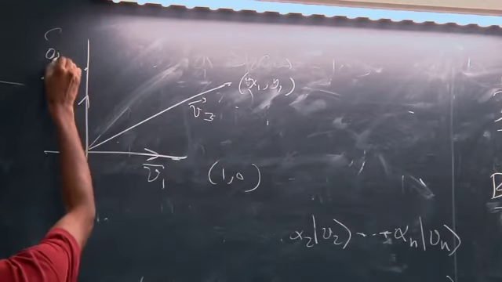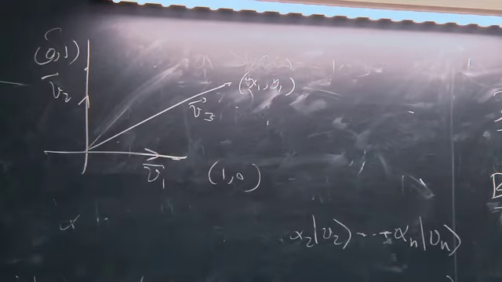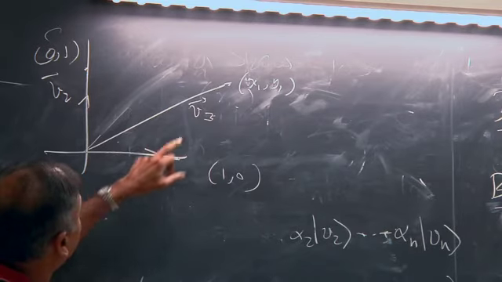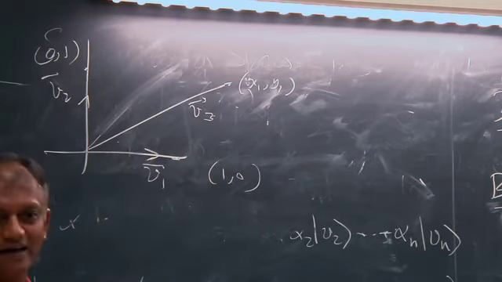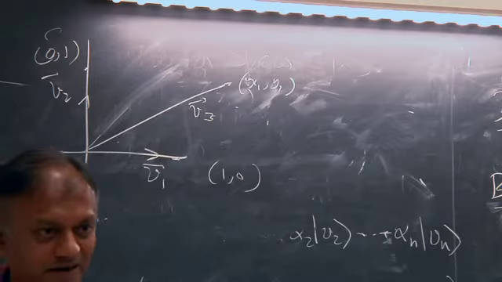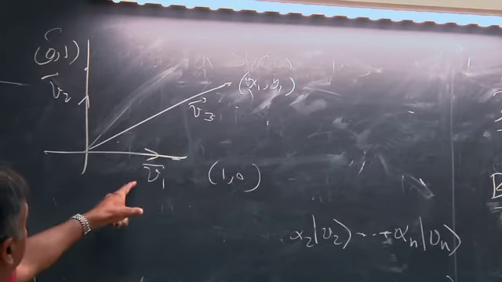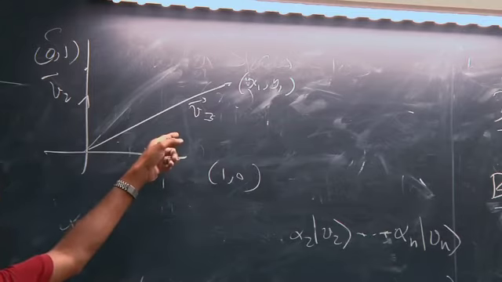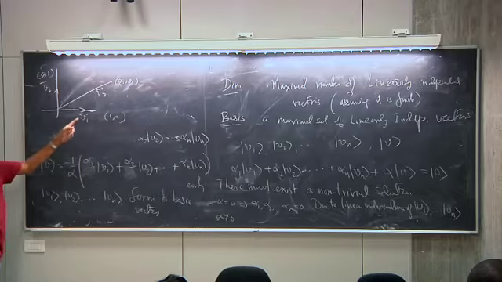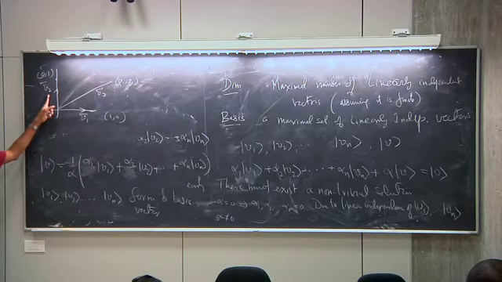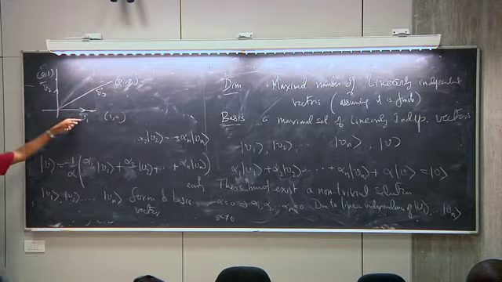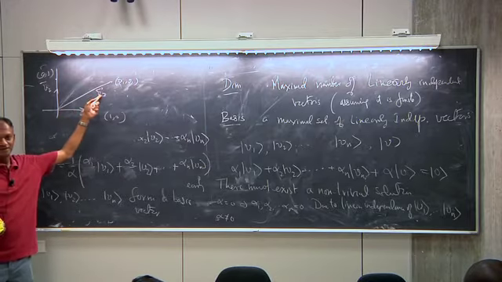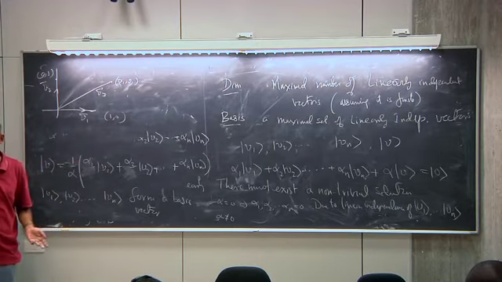This was 0, 1. In this example, we said if I take v1, v2, v3, all 3 of them, they are not linearly independent, right? But if I take just V1 and V2, they are linearly independent. If I take V1 and V3, they are also linearly independent. So I could have chosen my basis as V1 and V2, or I could have chosen my basis as V1 and V3. It's all right. There's no problem with that.